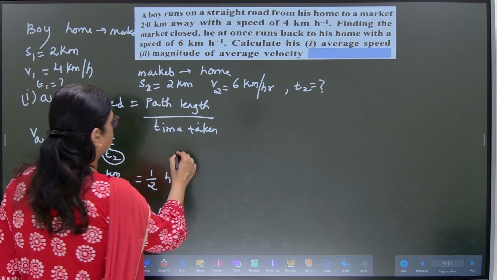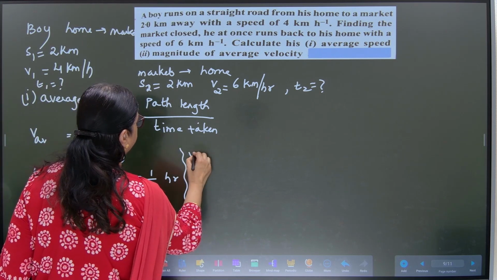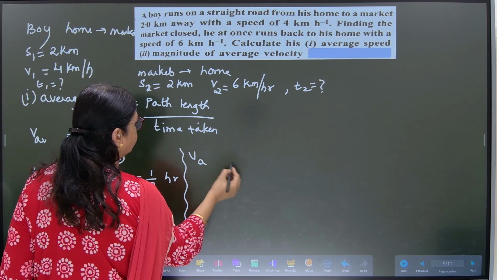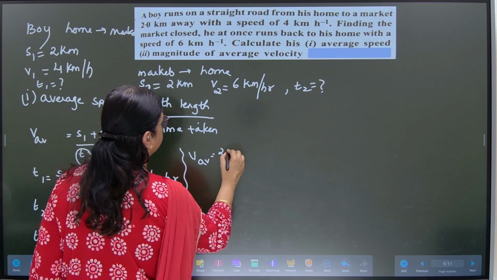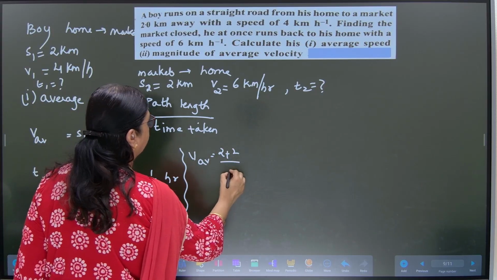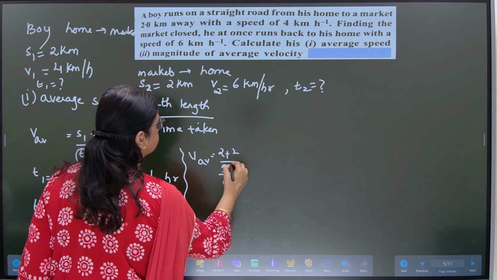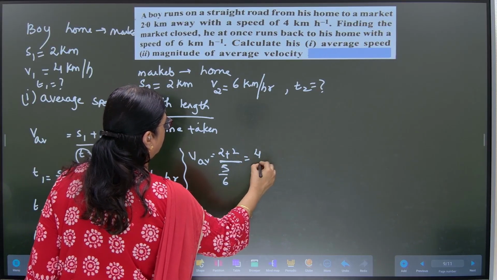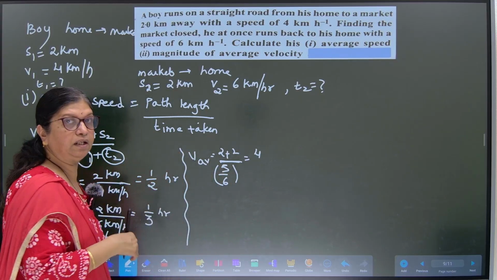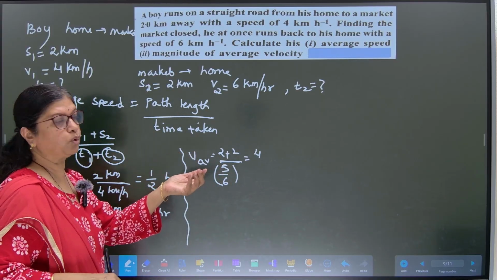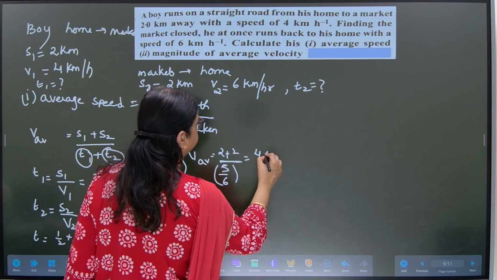So what is my answer? For V, average speed, total distance 2 plus 2, total time 5 upon 6, that is equal to 4. Whenever such questions are there, immediately keep the bracket so that reciprocal is easier for us.